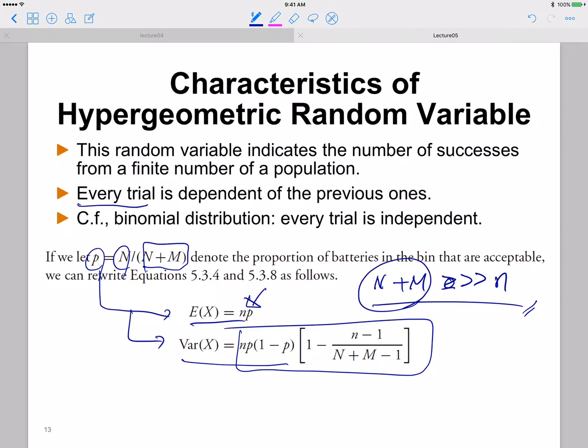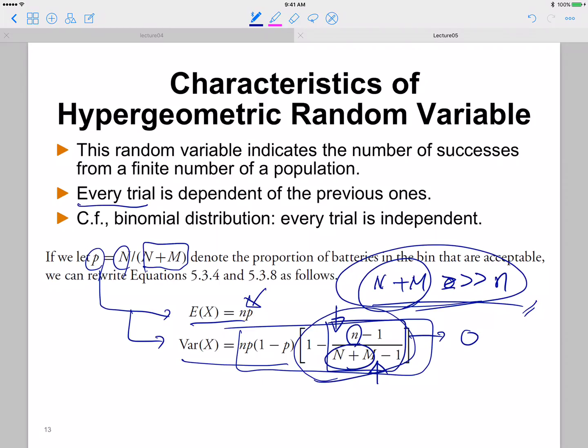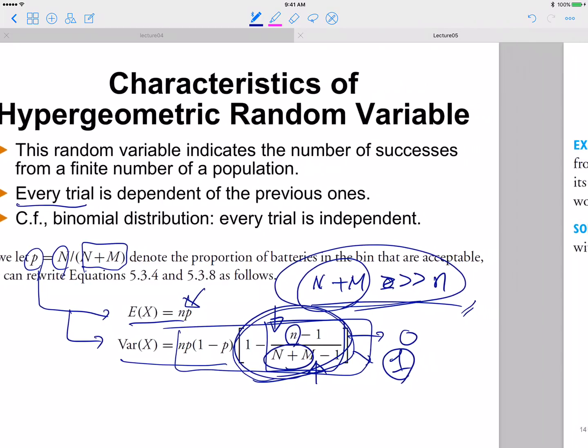So this one is really big and this one is really small. And so this part will be close to 0, and thus this part will be 1, and thus we obtain np times 1 minus p, which is the same variance as a binomial random variable.